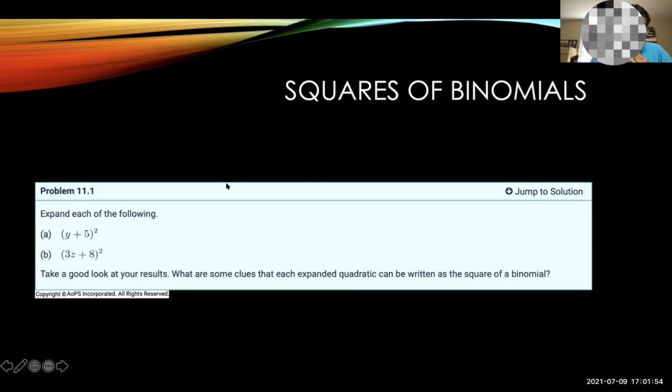So what I want you guys to do is first try to do this problem. I'm going to give you three to 4 minutes, and then after that, we'll review it. What this question is asking you to do is take those and square them out and expand them completely. So I'm going to give you a few minutes to do that.